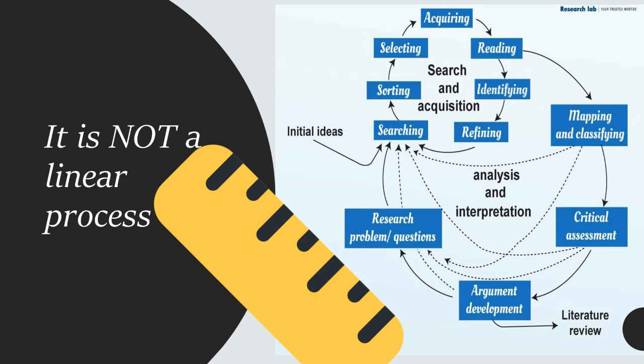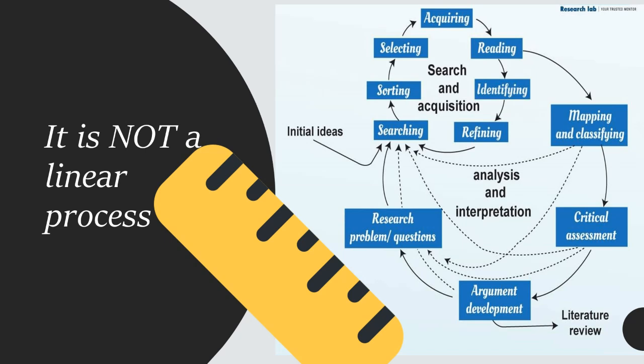So it means that you could read and then maybe map themes. You can critically assess, and then you discover, oh no, there is something wrong, or there's something more that I need to know, and you go back to the first step where you need to acquire articles, and then you need to read again, and then you start refining.